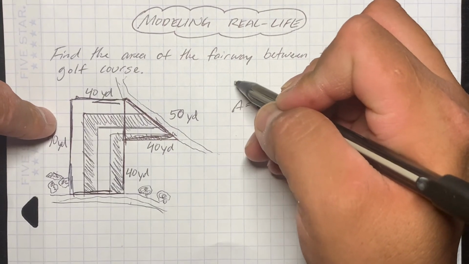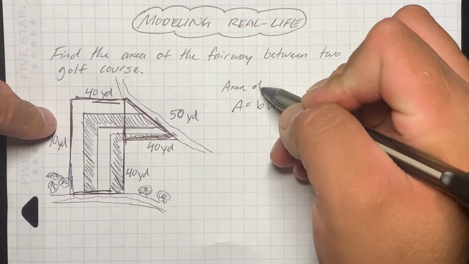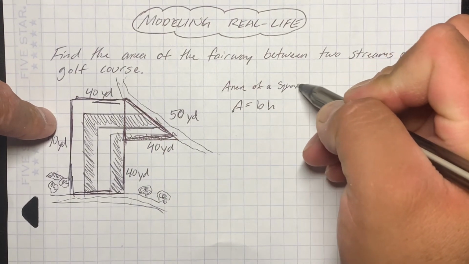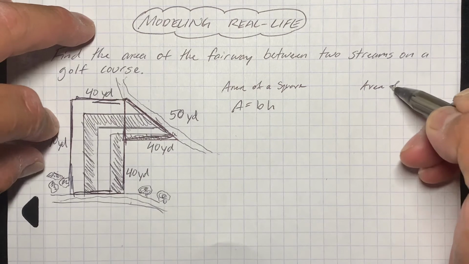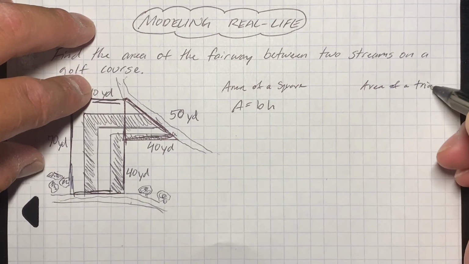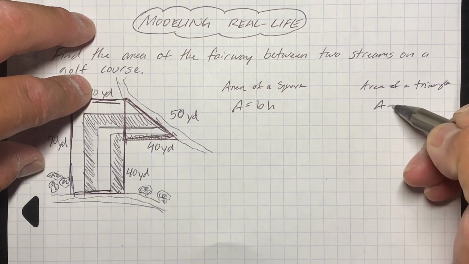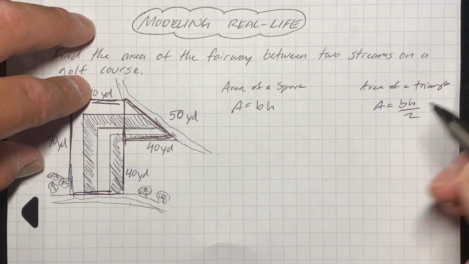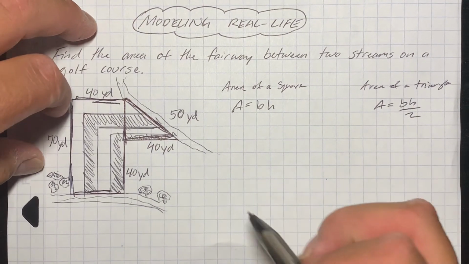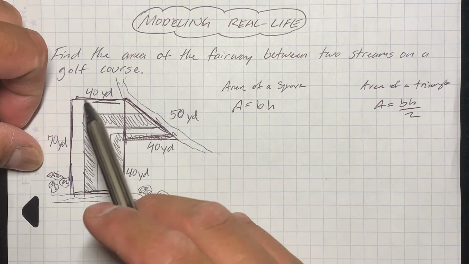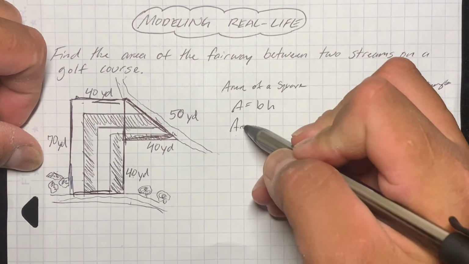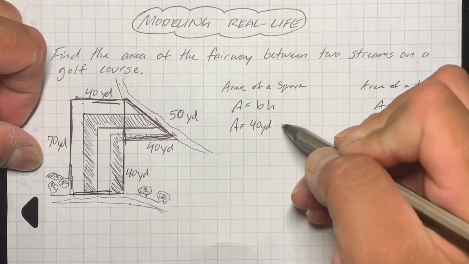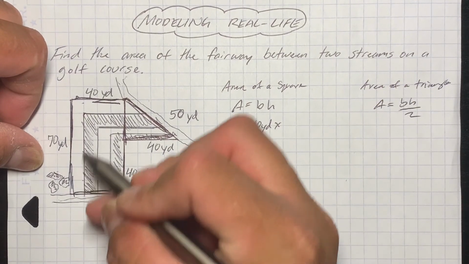This is going to be the area of a square. And the area formula of a triangle is going to be area equals base times height divided by 2. Okay. So let's look here. If this top here is 40 yards, then the base is 40 yards times the height, 70 yards.